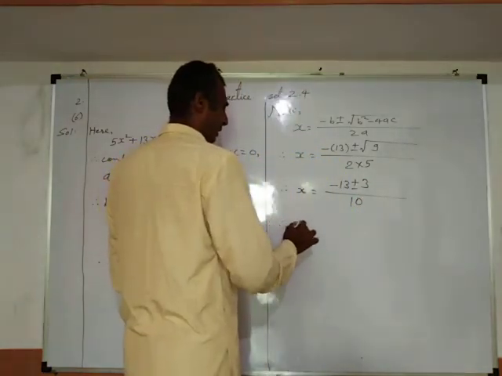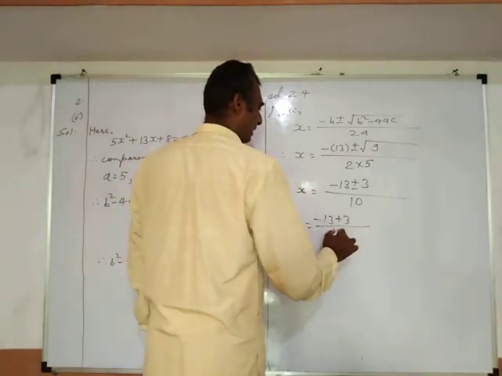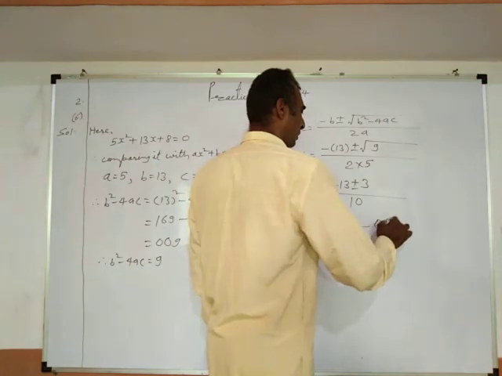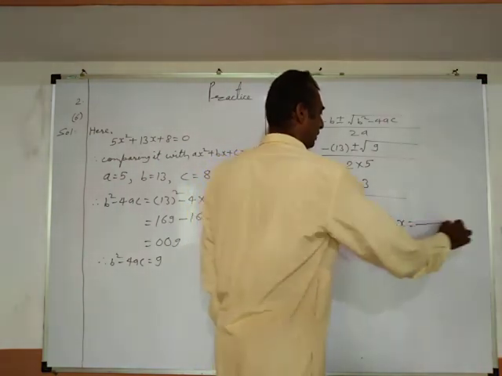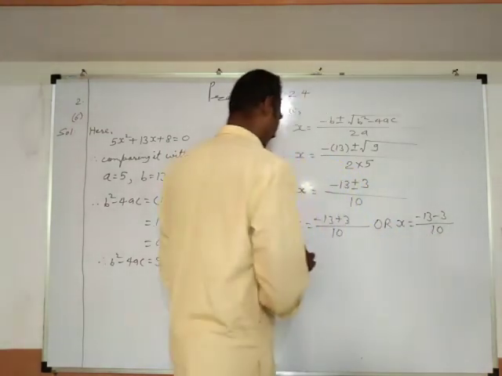Therefore x equals minus 13 plus 3 upon 10, or x equals minus 13 minus 3 upon 10.